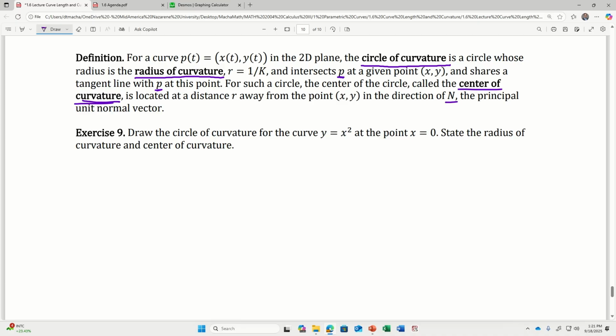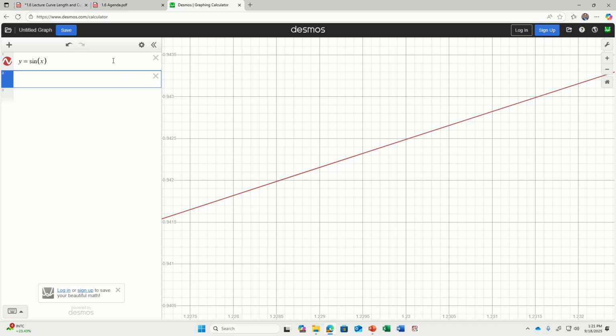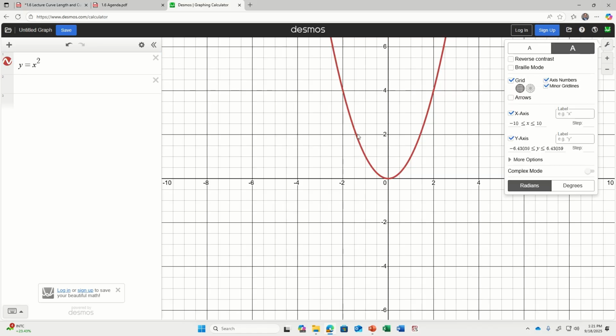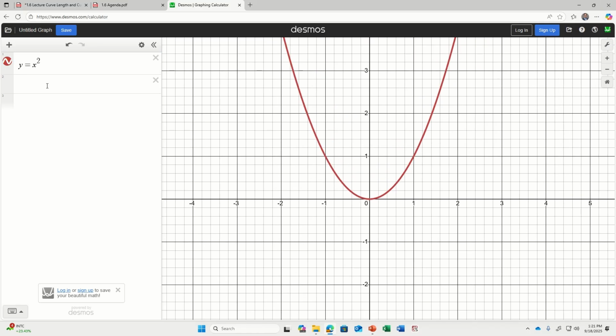And that sounds like a lot, but let me show you what this is, because that definition sounds crazy if you don't see it. So let's just look at it. That's y equals x squared. What if I have a circle in the plane?